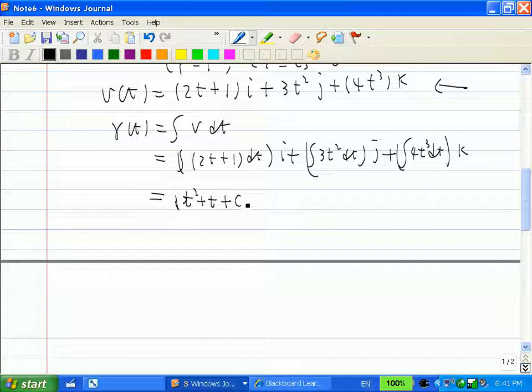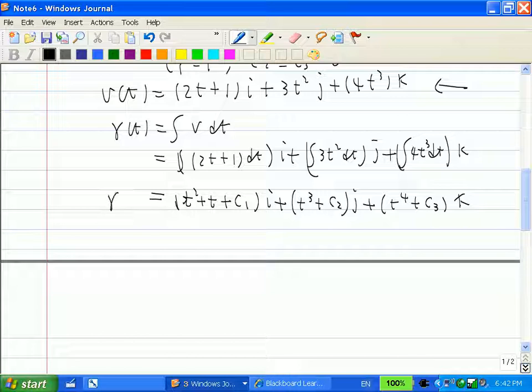This C1 is different from the C1 before. Integrating the second one gives you t to the third plus a constant we call C2. Again, this C2 is different from the C2 above. Then integrating the third one gives you t to the fourth plus another constant we call C3, k.